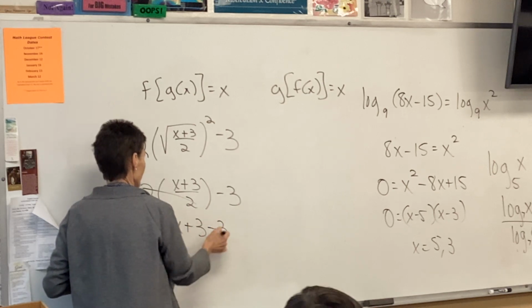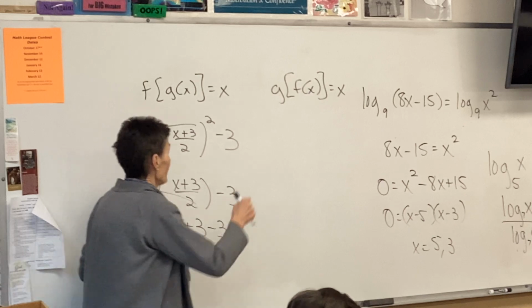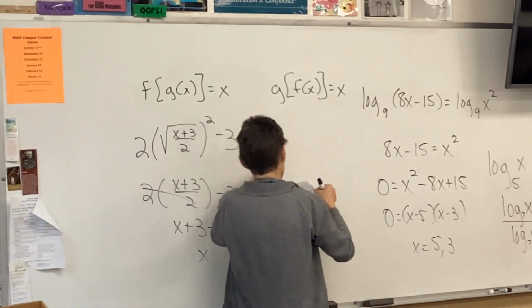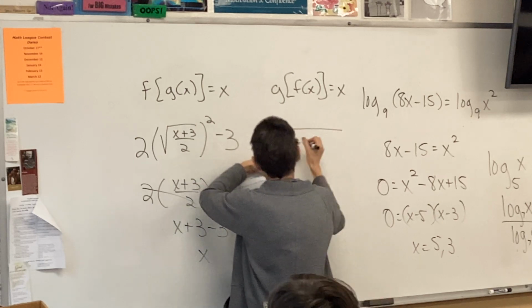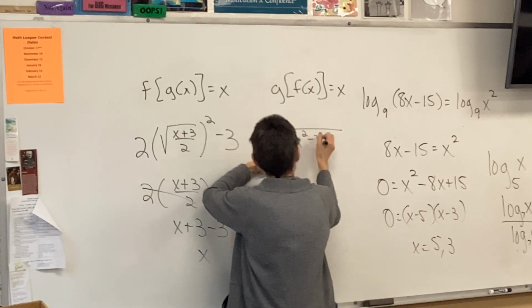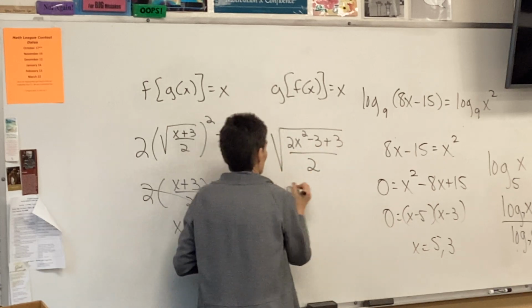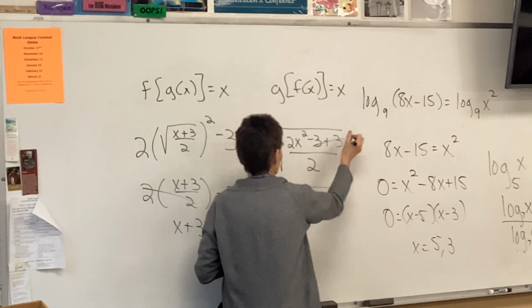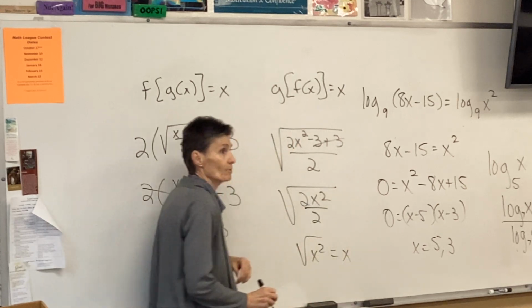Oh, that looks good. Would you agree? All right, now I'm plugging f into g. So that's 2x squared over 2, squared x squared is x. I guess they're inverses.